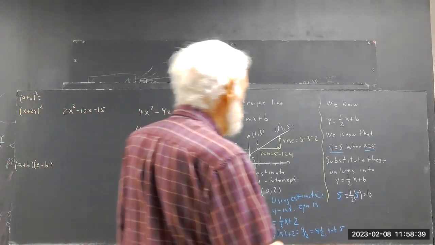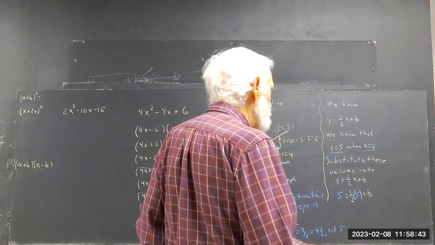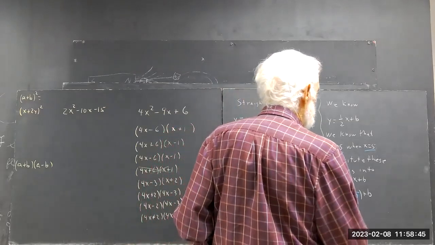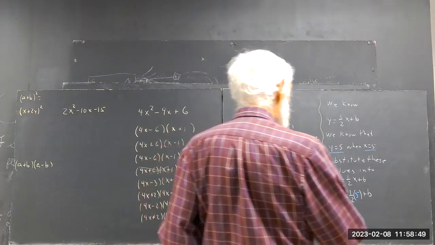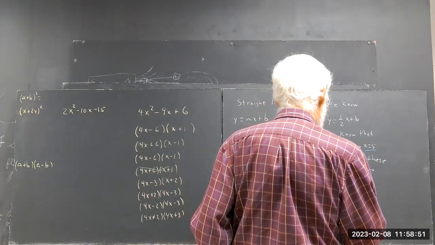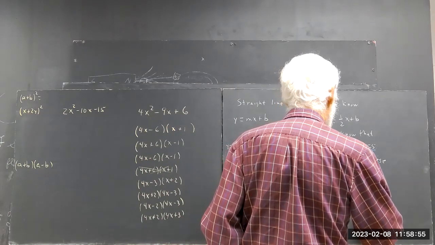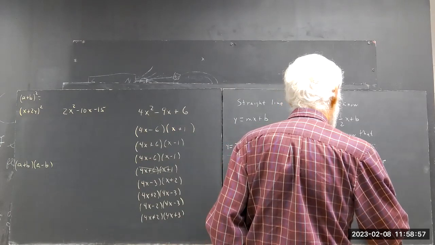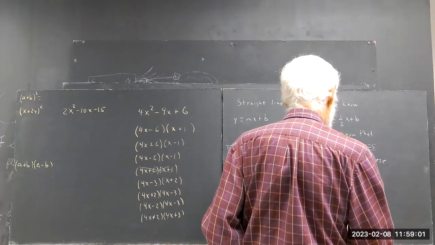Okay. Well, what we're going to do with this, I would multiply both sides of the equation by 2. And I get 2 times 5 equals 2 times 1/2 times 5 plus b.